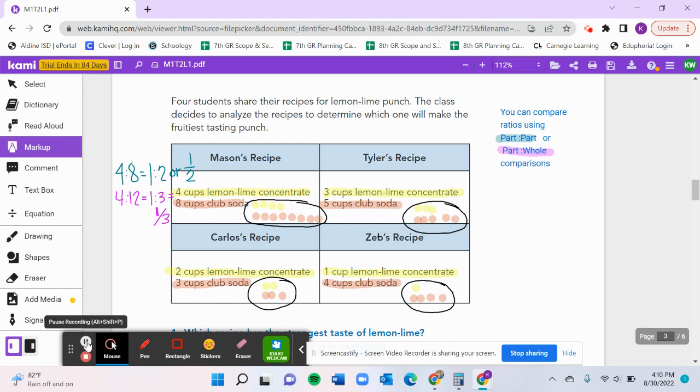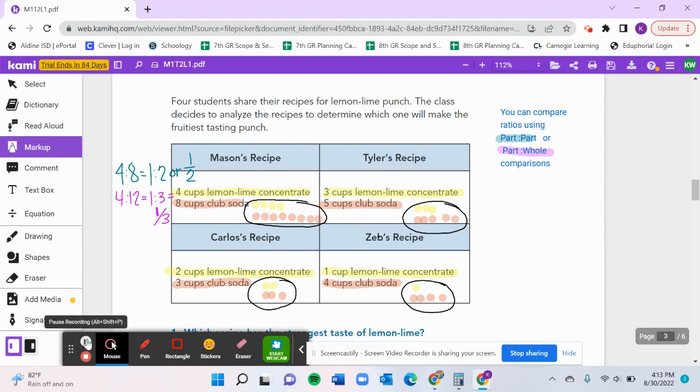So you could have compared 4 to 8 because there are 4 cups of lemon lime concentrate to 8 cups of club soda, or you can compare it part to whole, which would look like 4 cups of lemon lime concentrate out of 12 total cups because 8 plus 4 gives you 12. When you simplify those fractions, you would get 1/2 and 1/3. Now, the fractions you see are 1/2 and 1/3. However, they represent the same recipe. The only difference is how you compared it, part to part or part to whole.